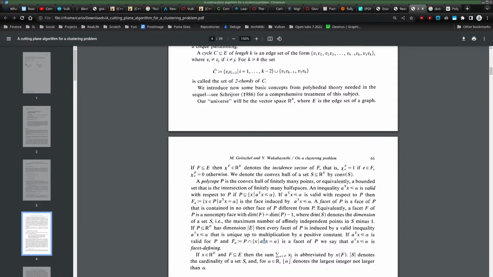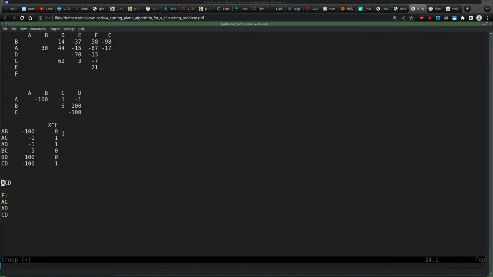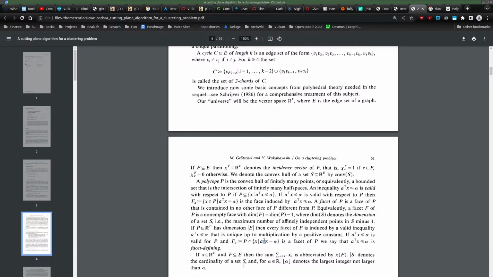I think this is the sum of our weights. So x is a vector. We had that here. This is our vector here. And this is E, the elements of it. And then in the case of F, we just have these three, the things that are marked with a 1 here. And then they say the sum over all, I'm going to read this e as indeed edge.